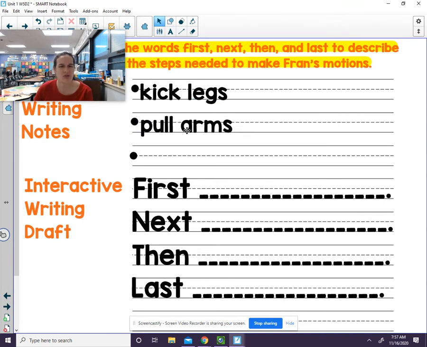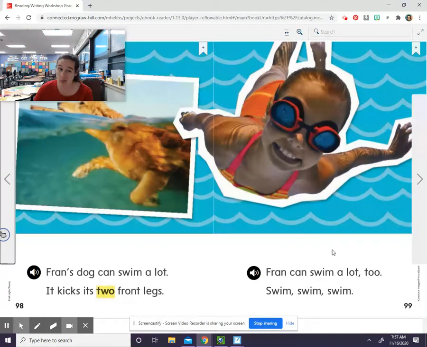Okay, what's something else you have to do when you swim? This is really important. As you're swimming, you're under the water. What did I just do? What do you have to do when you swim? You have to breathe. You have to take a breath of air.